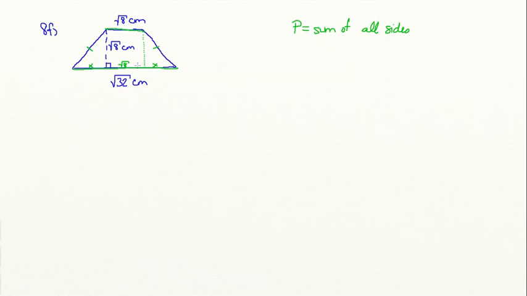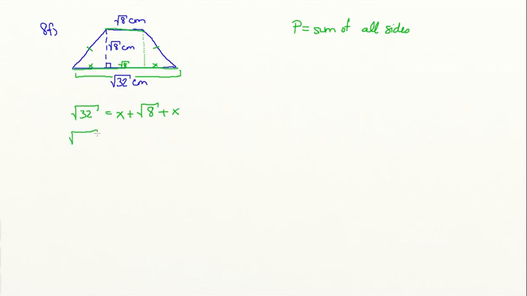I'm trying to use Pythagoras hopefully. And then I can find out what that one side here is. So root 32 is this whole side. So if I just look at that one side, I have root 32 equals x plus root 8 plus x.